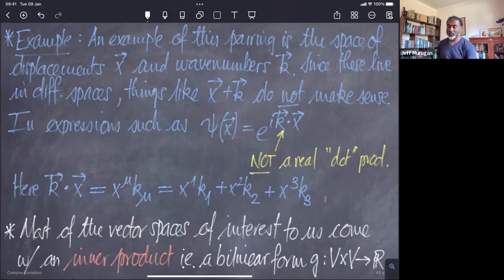This V times V here is a Cartesian product, so it's 2 copies of V, and what it means is that G has 2 arguments.